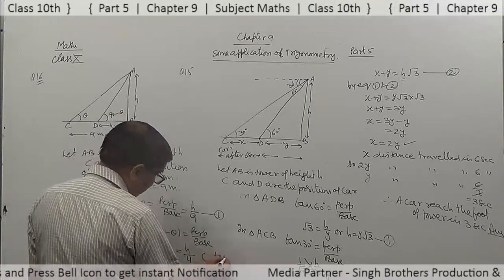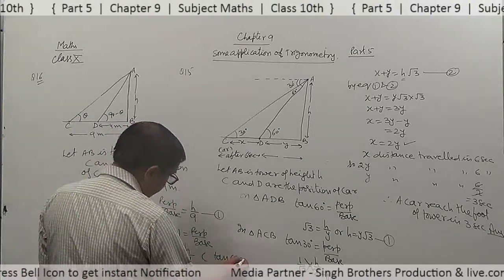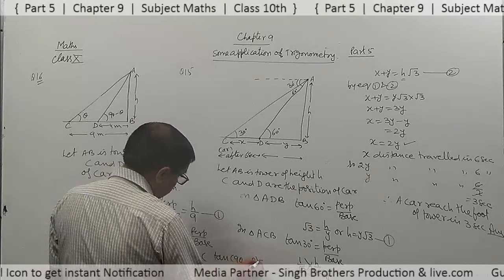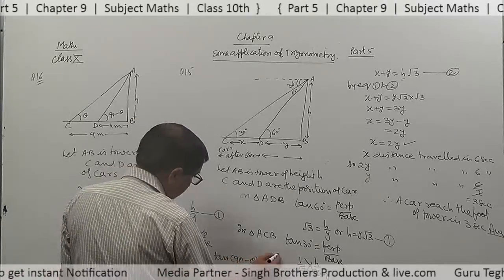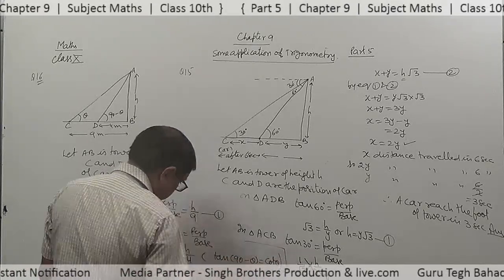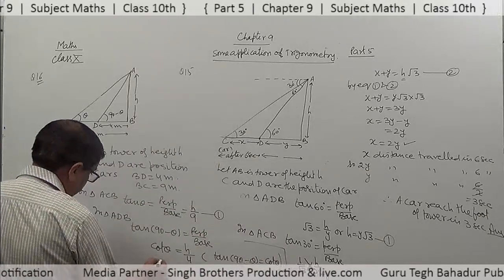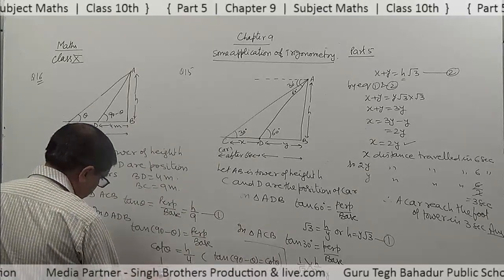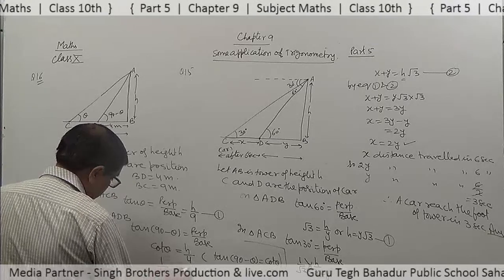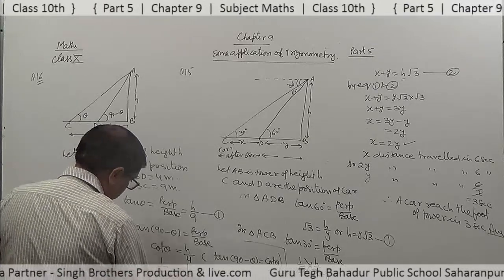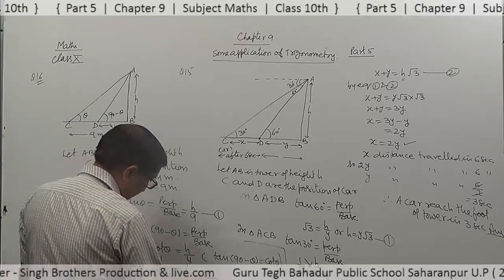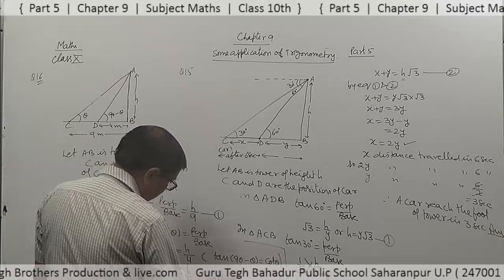This is a complementary angle identity. Cot is the reciprocal of tan.